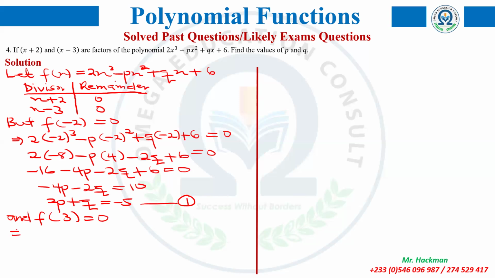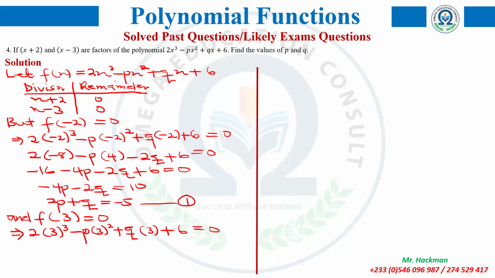This implies that 2 into 3 cube, then minus p into 3 squared, then plus q into 3, plus 6 should also be equal to 0. All correct?